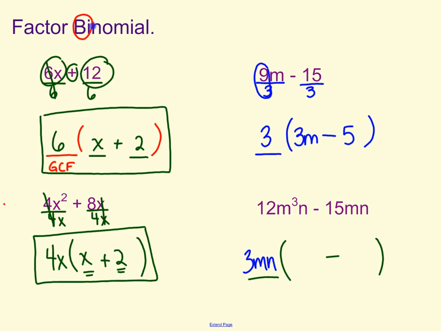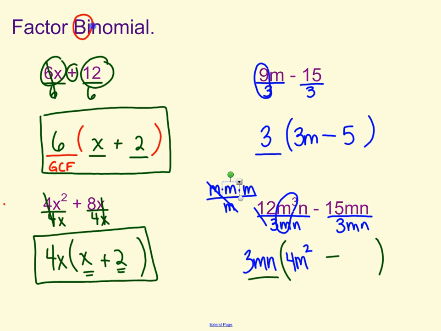So we're going to go ahead and factor a 3mn out of both terms. So we're going to just kind of divide that out. 12 divided by 3, right there, is 4. M cubed over m. Again, if you want to think about it this way, that m is going to cancel out the m on the bottom, leaving us with m times m, or m squared.